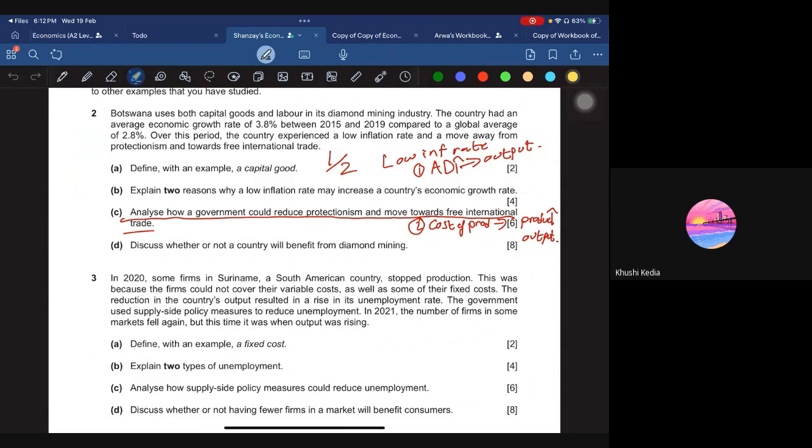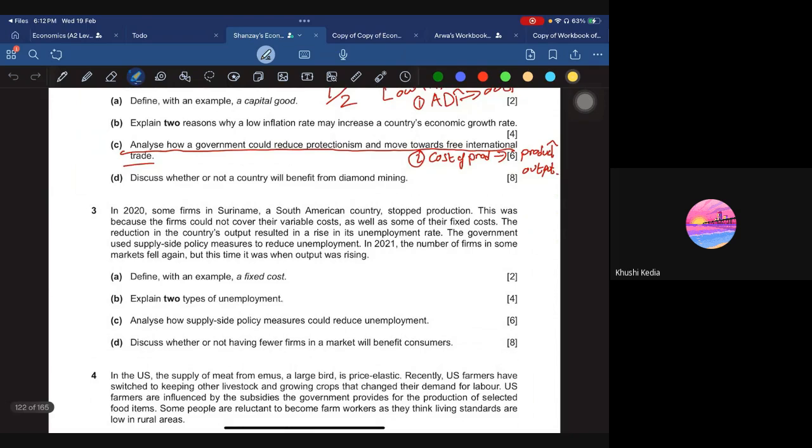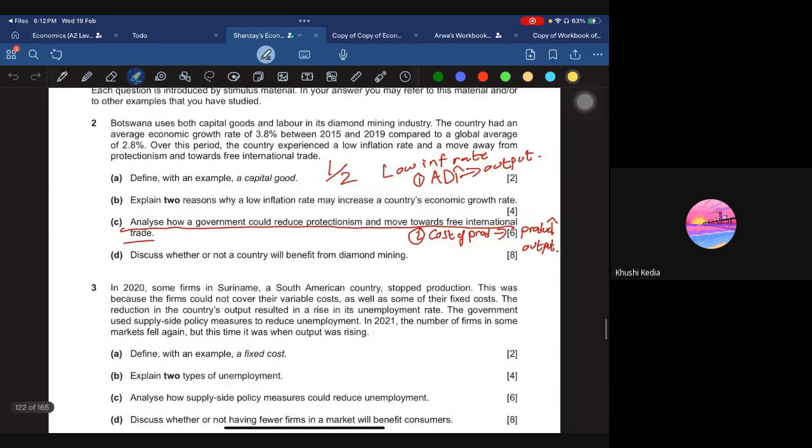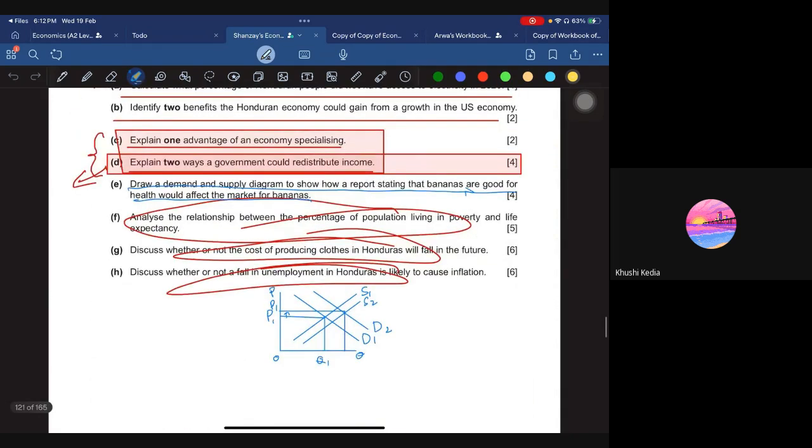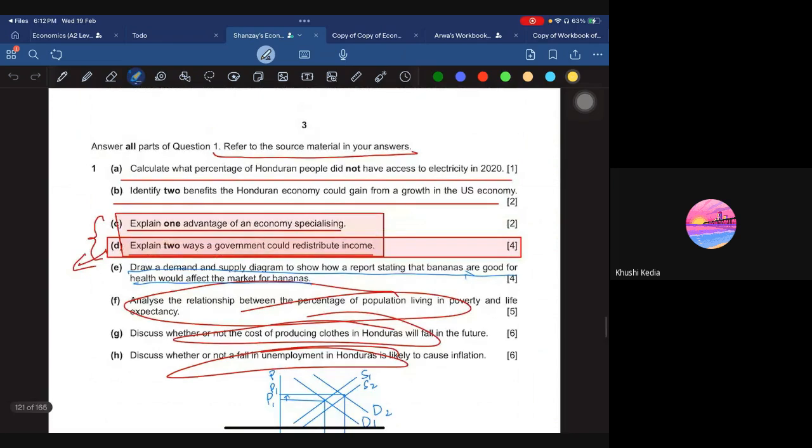Explain two reasons. Okay, so it was a case study. What am I doing? Explain two ways government could redistribute income.